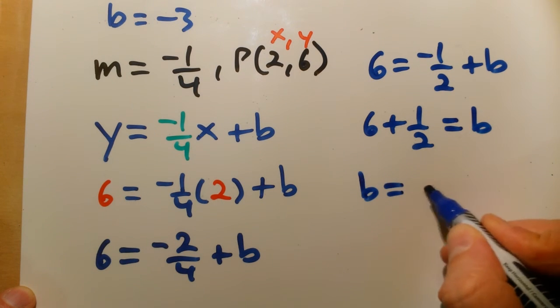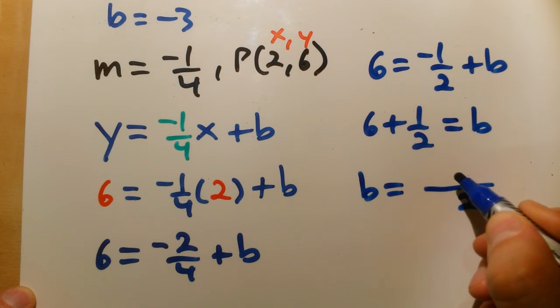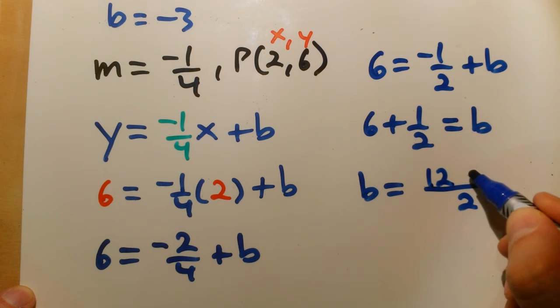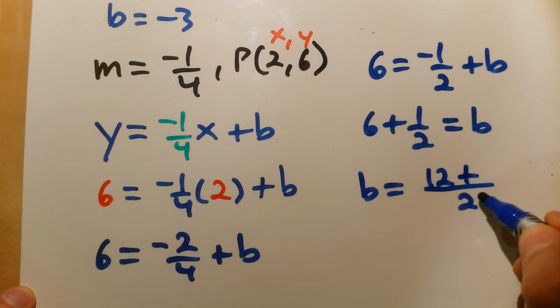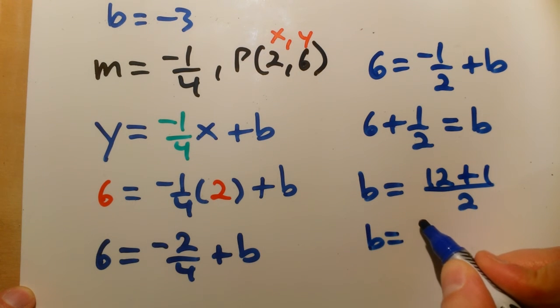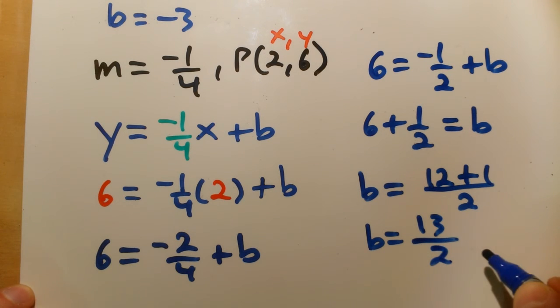Now we need to add these two. We find the common denominator, which happens to be 2. 2 times 6 is 12, plus 1 times 1. So b becomes 13 over 2, and that's our y-intercept.